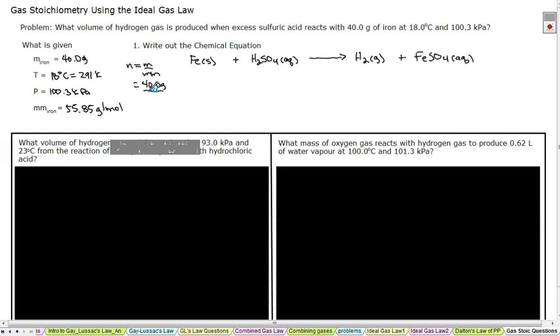Our molar mass is 55.85. So we know we're going to have close to a mole, but not quite. So we're going to have 0.716 moles.